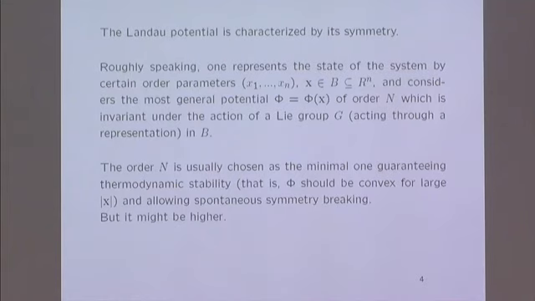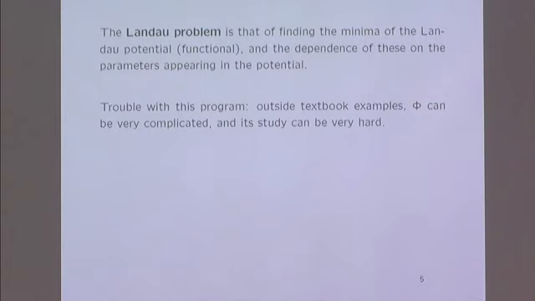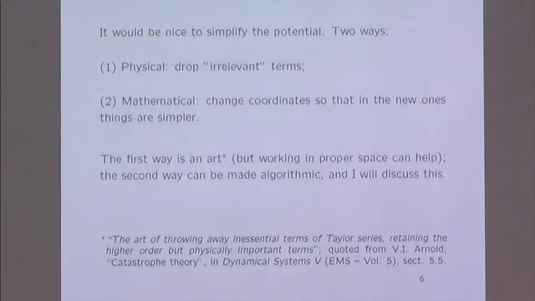The problem is that except for textbook examples, in general, you get very complicated potentials, just a big number of coefficients. And then it's a mess. If things depend on 104 coefficients, then it's difficult to analyze, but already if they depend on 22 coefficients, it's a mess.